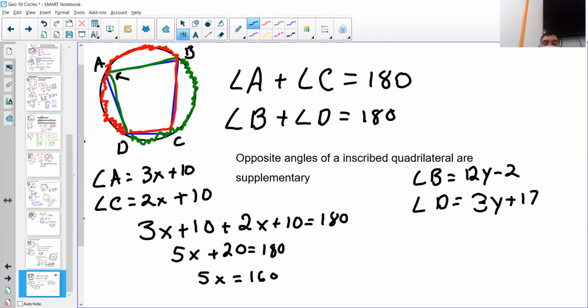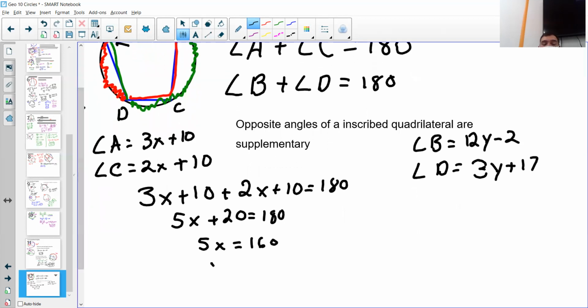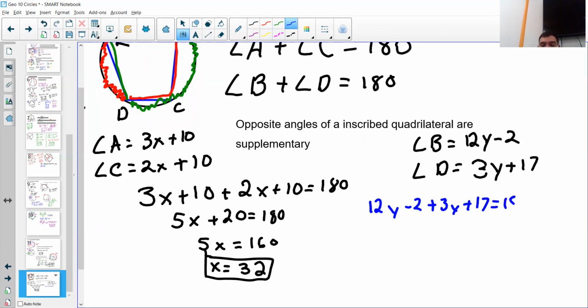160. 32. When you multiply something by 5, you could cut it in half, then times it by 10. Then we have this left side or this right side. Combine some like terms.